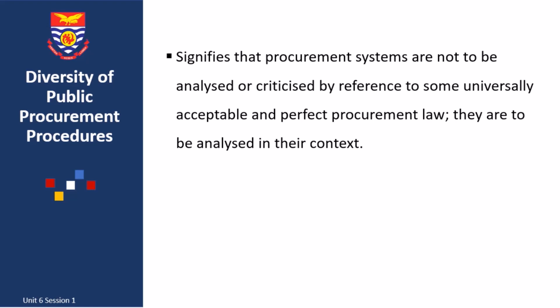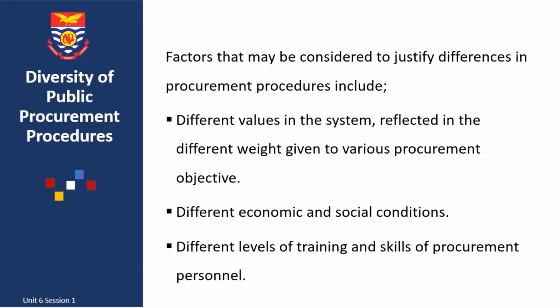So in essence, you cannot analyze procurement systems in Ghana and apply the findings to Nigeria, because in the end we have different regimes and different laws regulating our procurement.